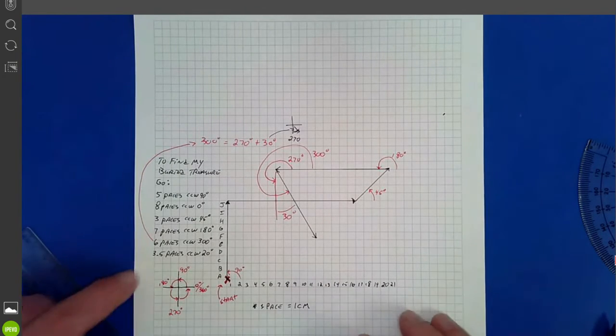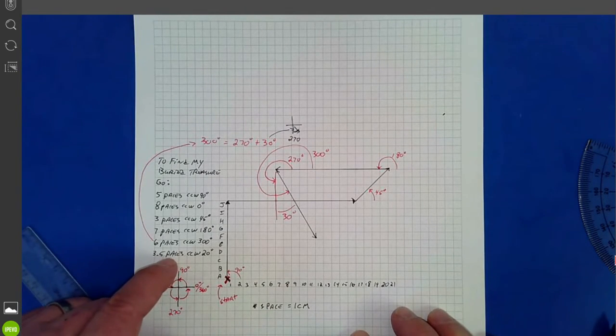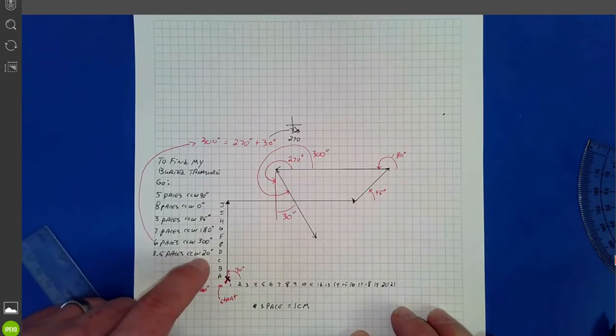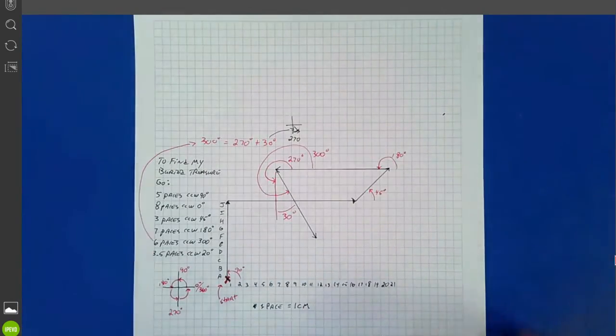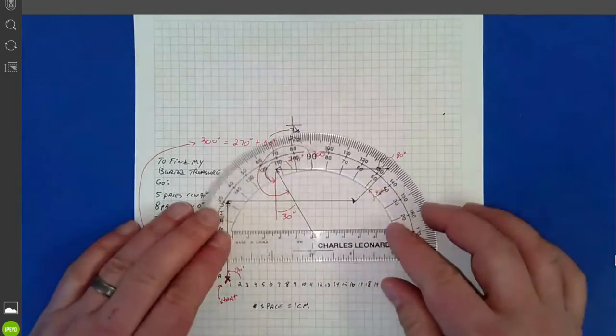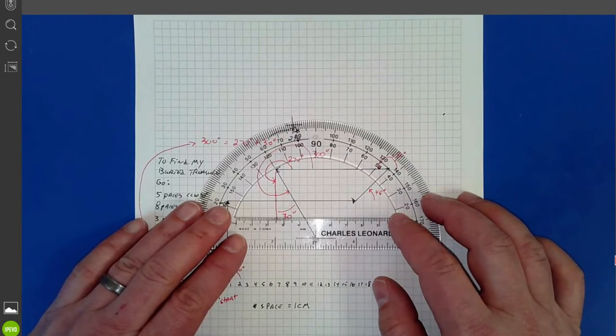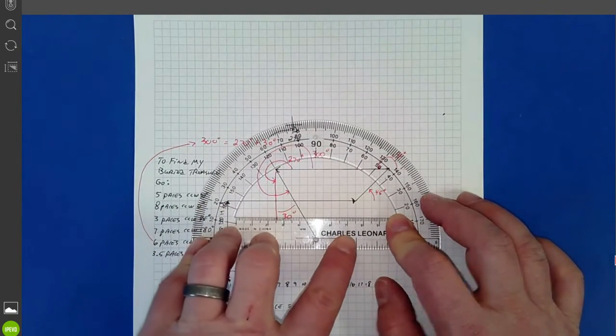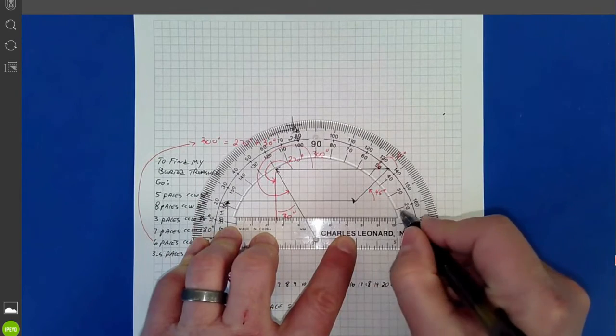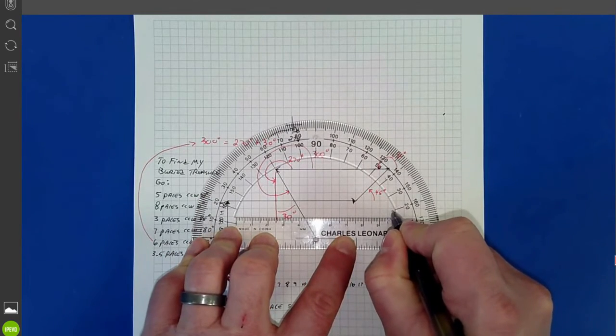All right, my last one is 3.5 paces at 20 degrees. So line this up. 20 is right there.